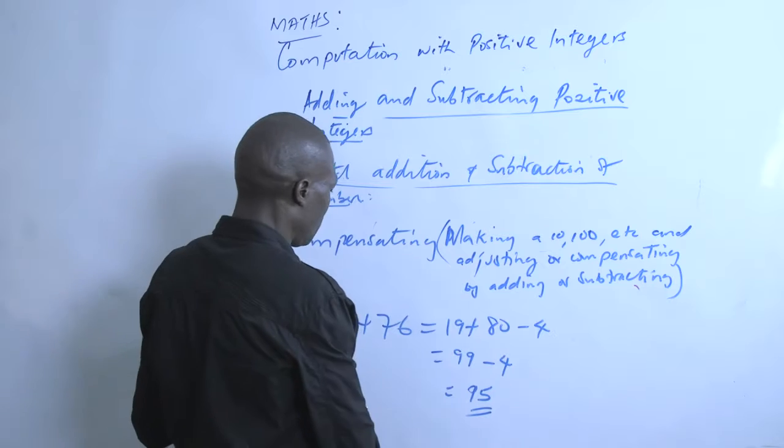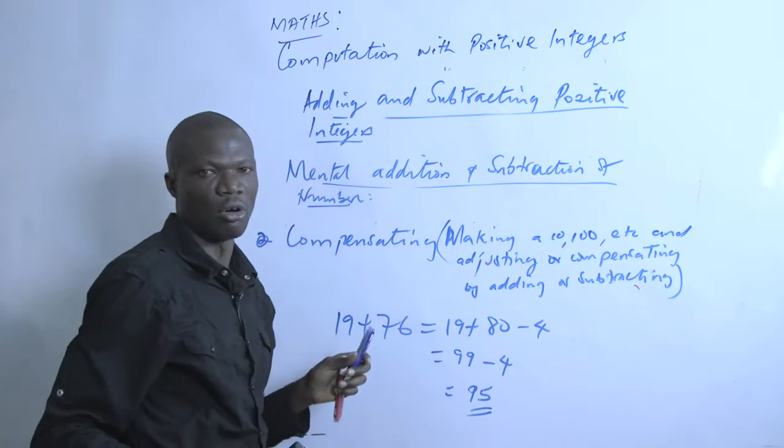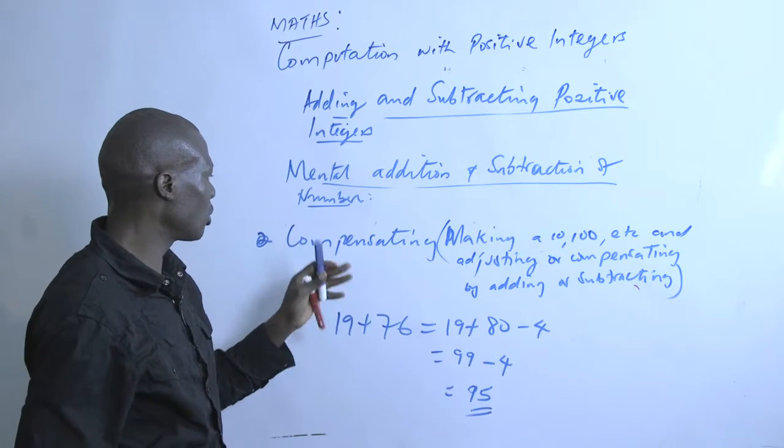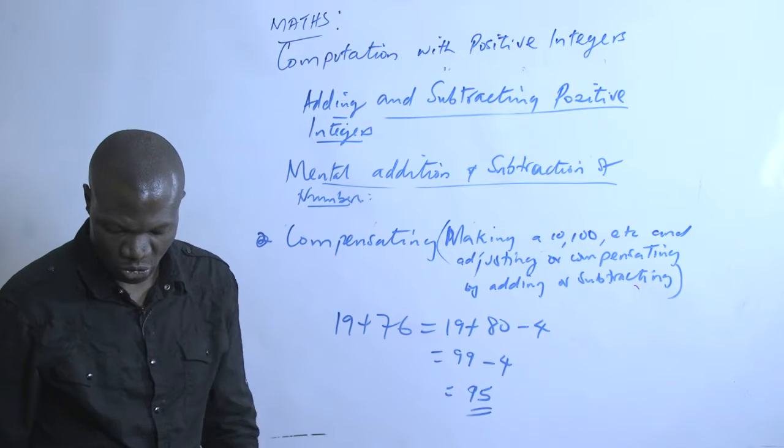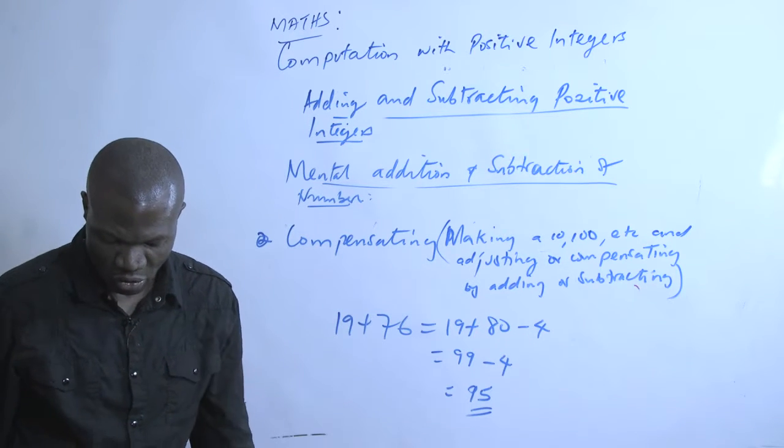The other method that we have of either adding or subtracting numbers is what we call doubling or halving.